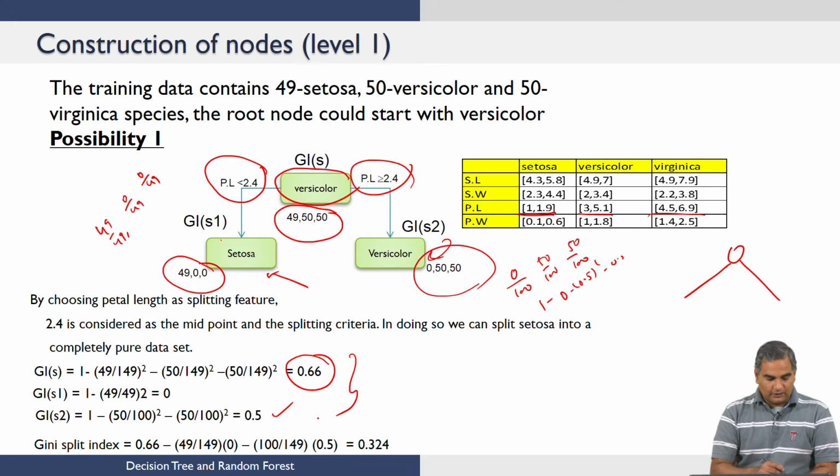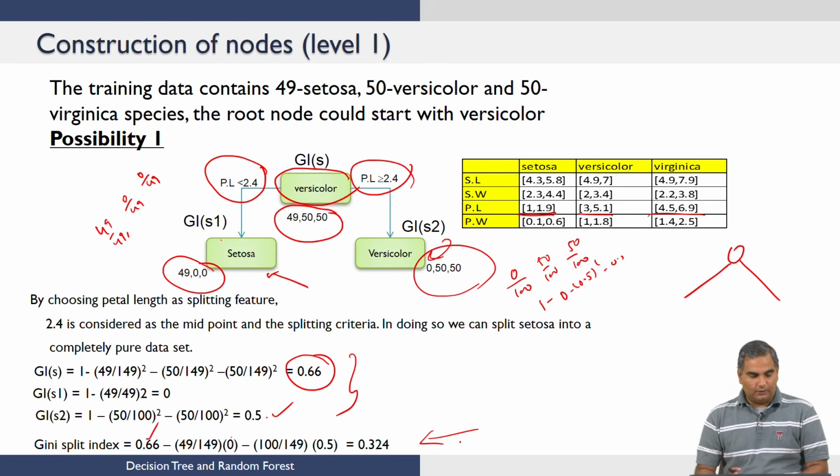So the Gini split index is the original node's Gini impurity minus 49 by 149 times 0, minus 100 by 149 times 0.5. If you compute this, you get 0.324. Please look at this computation, and if you understand it, every other time the same computation is done, there is no difference at all.